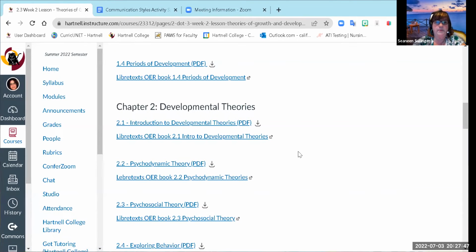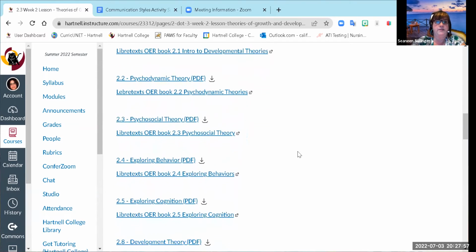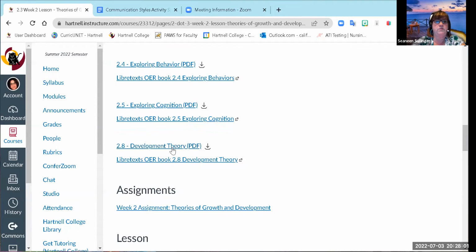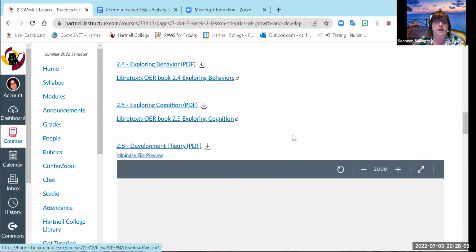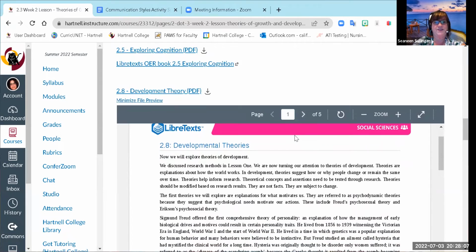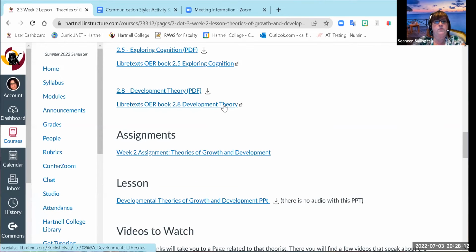So this is probably one of the most confusing, there's the most information because there are so many different theories. And so it's giving you all these different types of theories that you need to know. It will take you either to a PDF that you can read just those particular pages if that's easier for you, or you can go to the actual website.